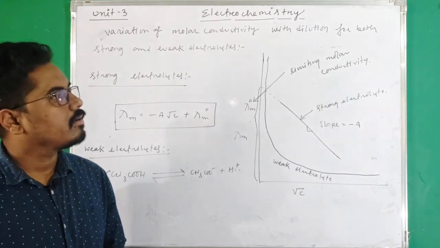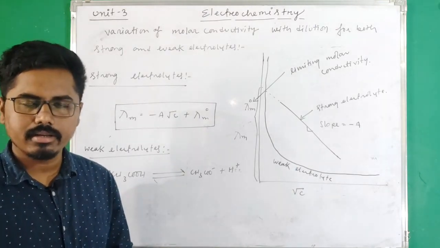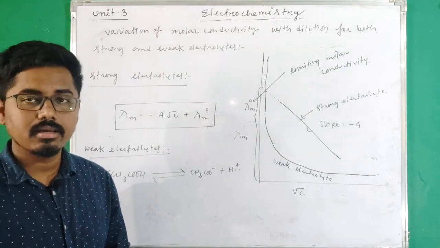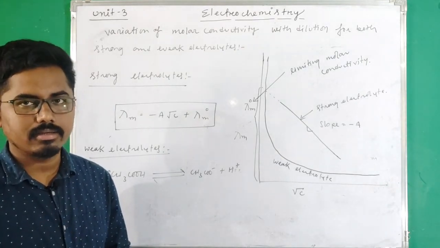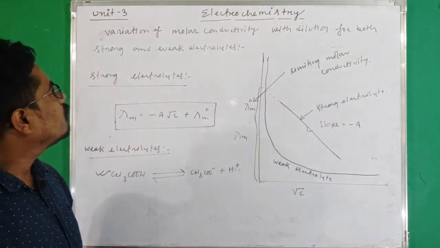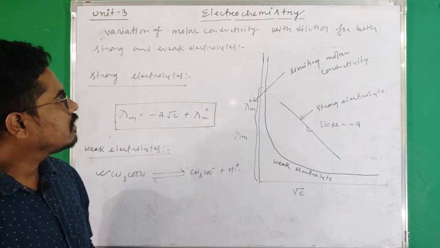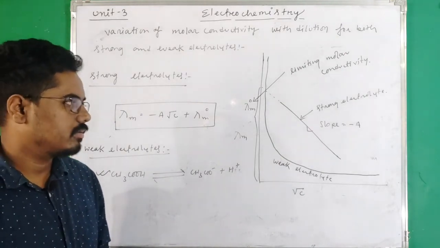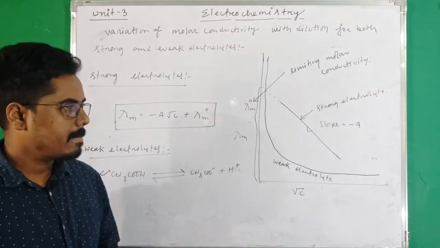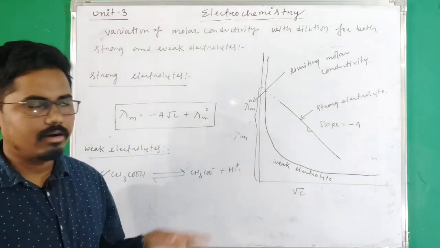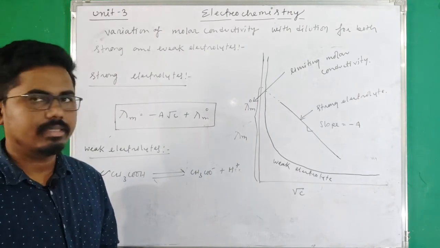We saw that specific conductivity always decreases and molar conductivity always increases with a decrease in concentration. Then we learned how the molar conductivity of both strong and weak electrolytes varies with dilution, and we represented graphically how they vary.